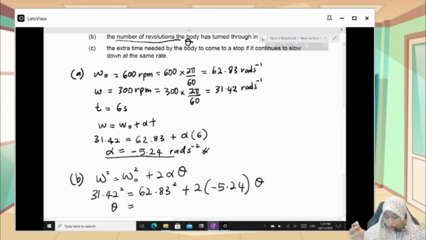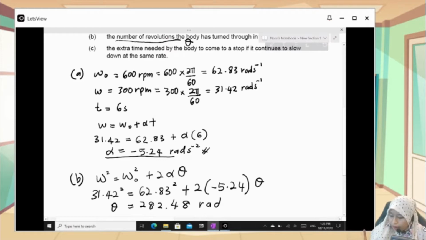Use a calculator here. 31.42 squared minus 62.83 squared divided by 2 times negative 5.24. So we get 282.48. So this is in radian basically.